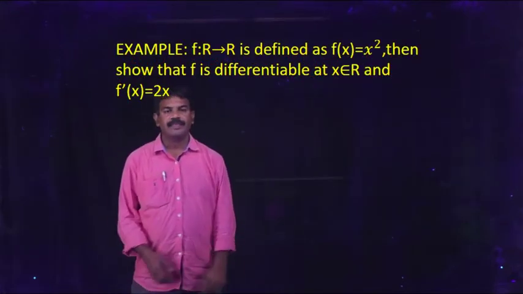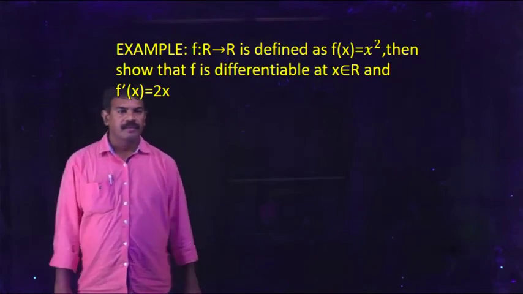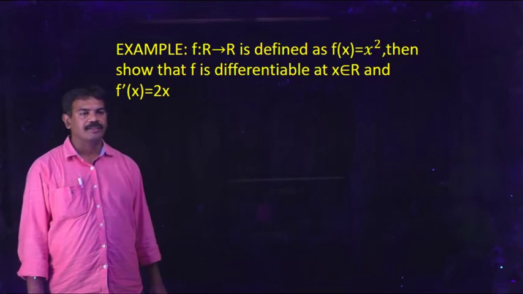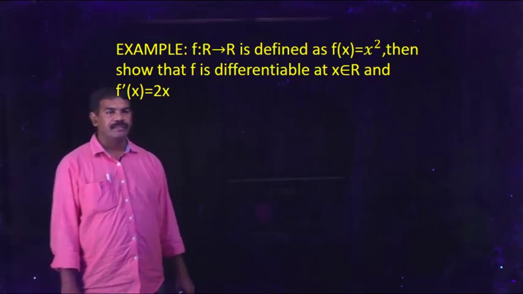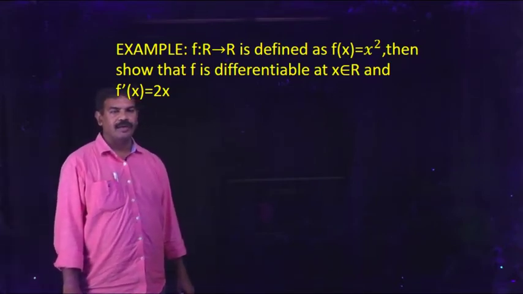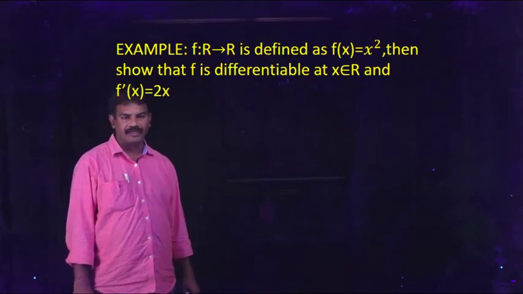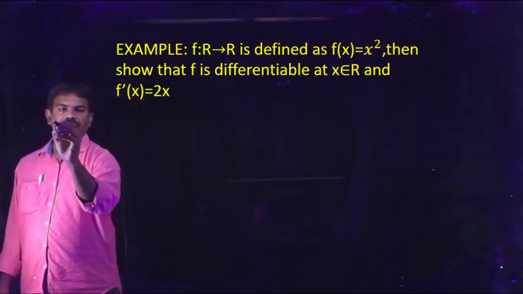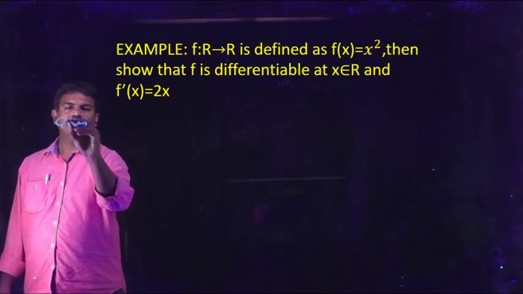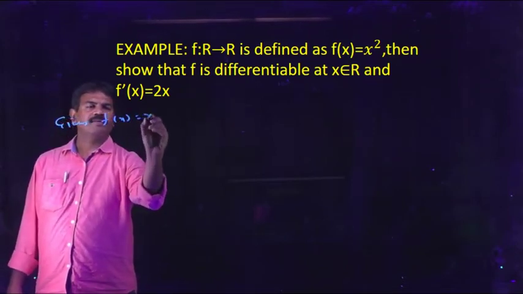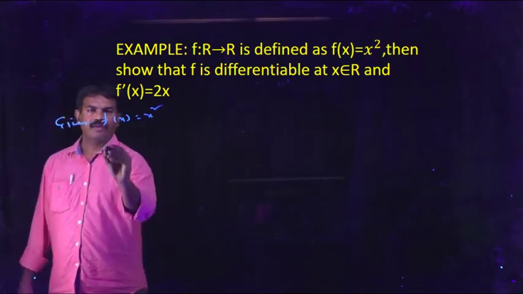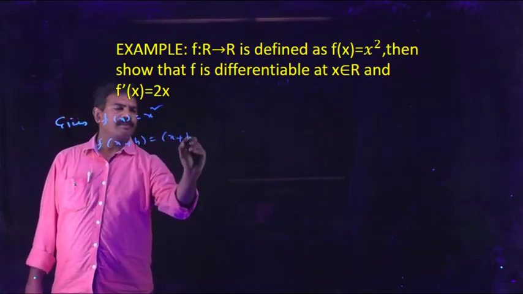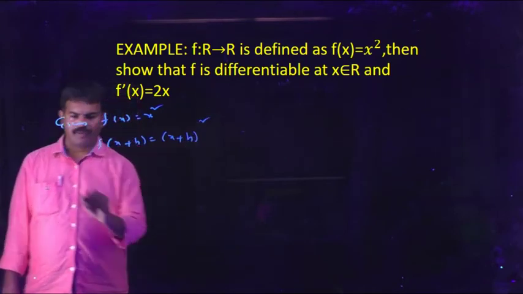Now see another example. If f from R to R is defined as f of x is equal to x square, then show that f is differentiable at x belongs to R and f dash x is equal to 2x. Given f of x is equal to x square, we take f of x plus h is equal to x plus h whole square.